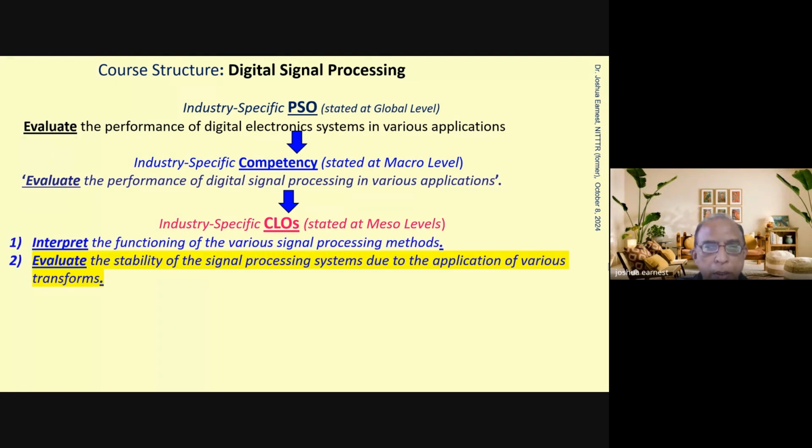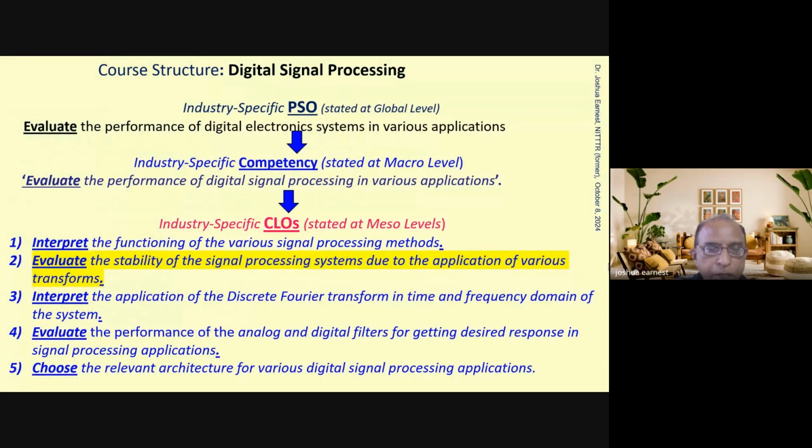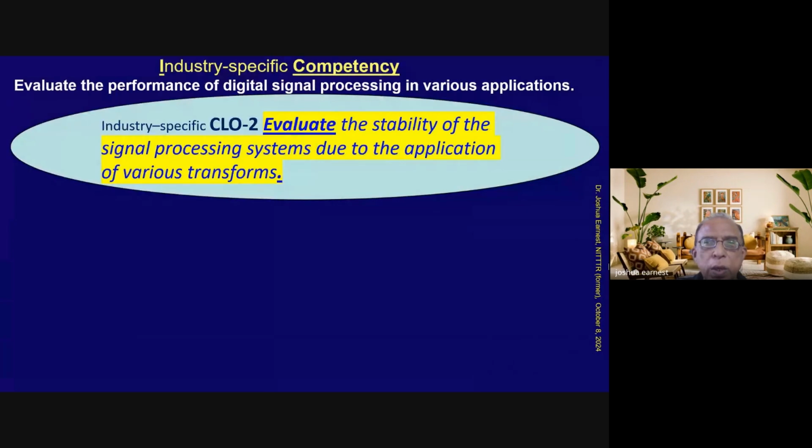So I'm going to show a small thing. Out of this, I'm going to take CO2, or ClO2, right? And see what the practical outcomes are there, how it is done. So we have this one, ClO2.